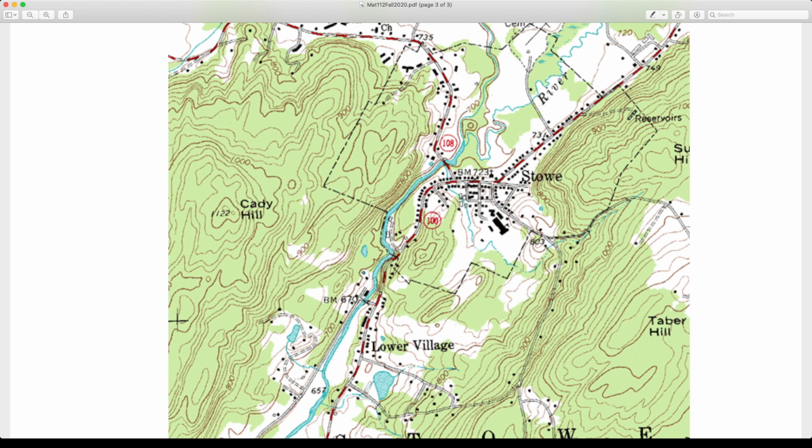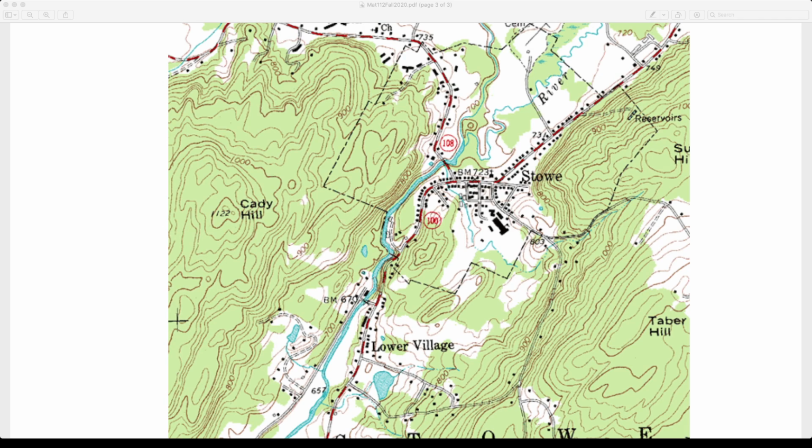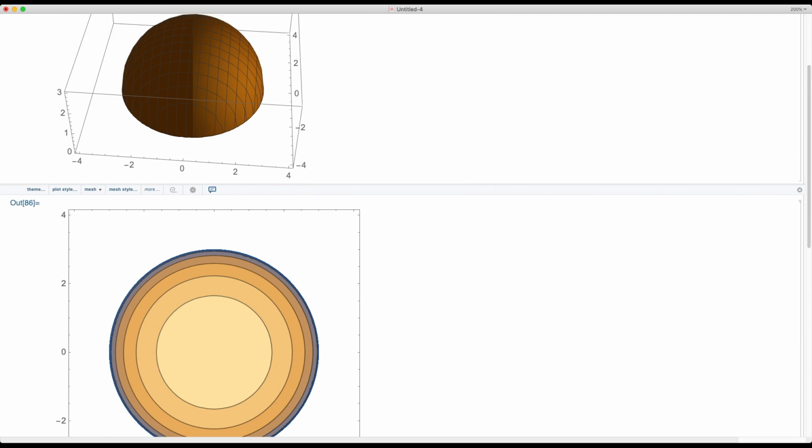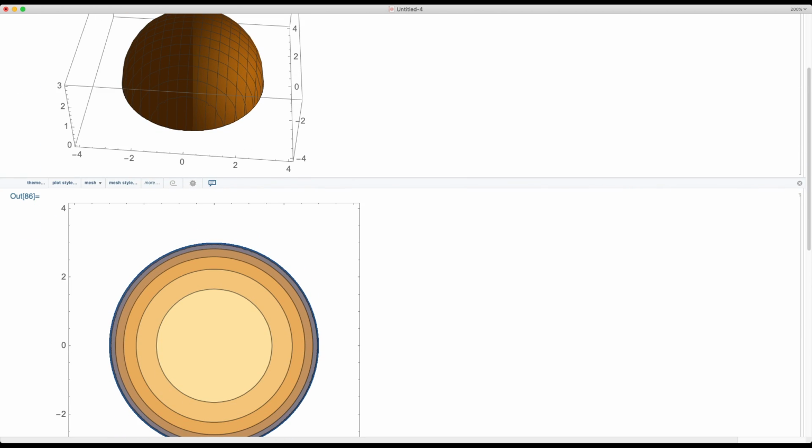So let's take the same thing and go back to Mathematica and ask those exact same questions. If I'm looking at this sort of topographical map of the sphere, where's the peak of the sphere on my map?